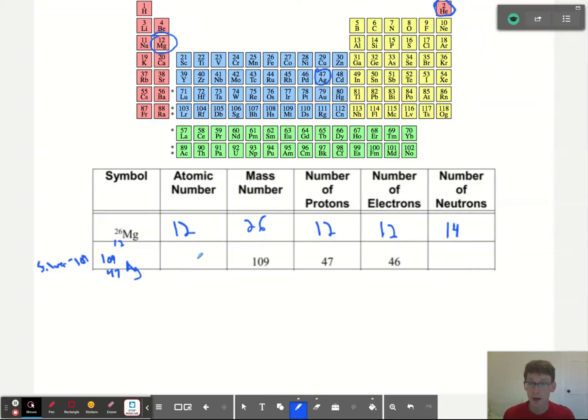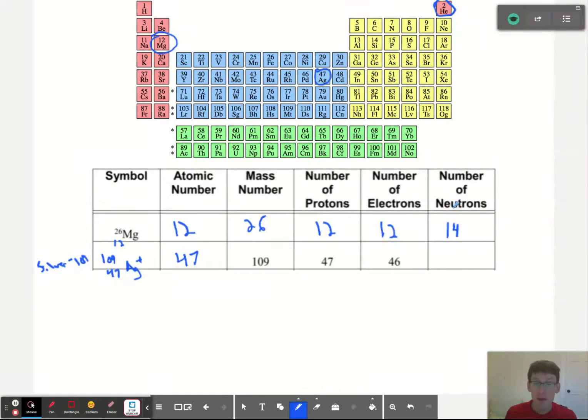So I'm one electron short of having a neutral charge. If I take the protons minus the electrons, 47 minus 46 is positive 1. If you do it in that order, protons minus electrons, you'll get the right sign of the charge. It'll be positive. I should also put in this 47 here.